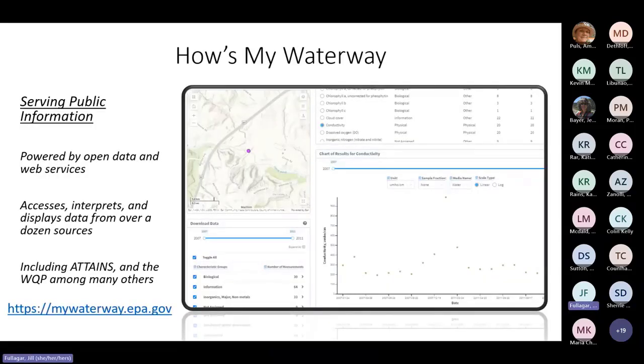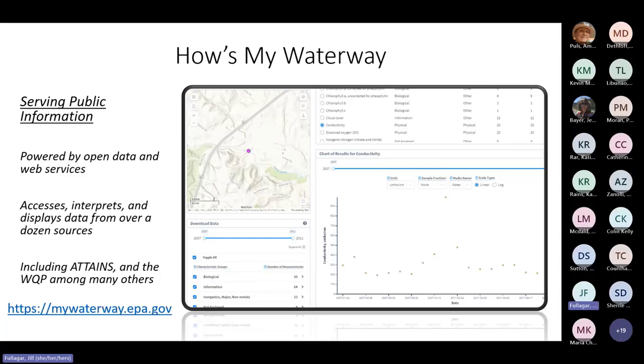So How's My Waterway? As I said, the monitoring data from the water quality portal will show up in How's My Waterway, as well as those attainment and water quality status determinations. It's a public serving website that's powered by the open data and also web services. So it accesses all of these various databases that have data in them and pulls it into How's My Waterway so that the public can look quickly and see if their waters are fishable, swimmable, safe for drinking.